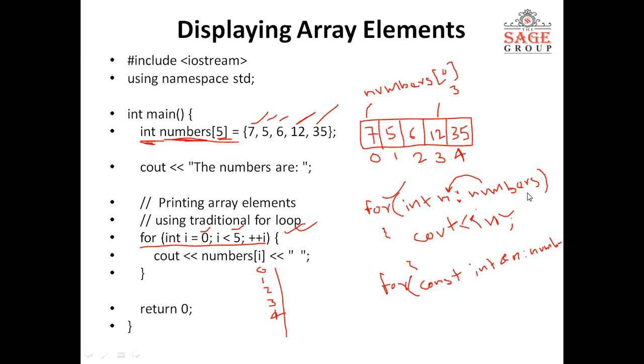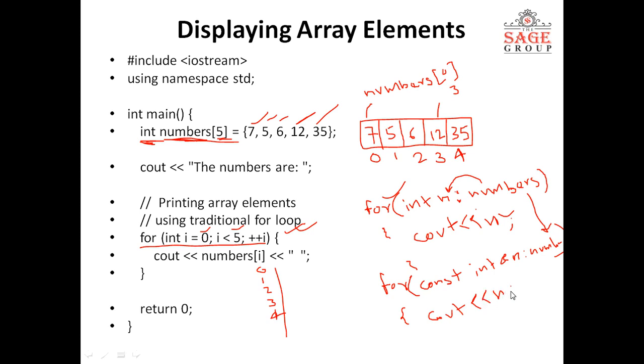Same here, you'll have to write this numbers. Close it and cout n. That's all. So what is the difference between these two codes that I have written right now?